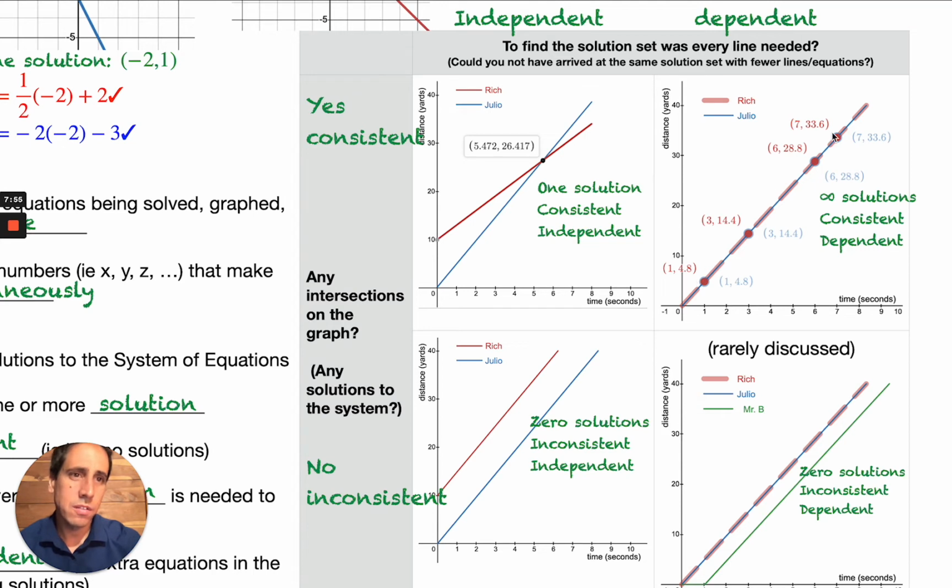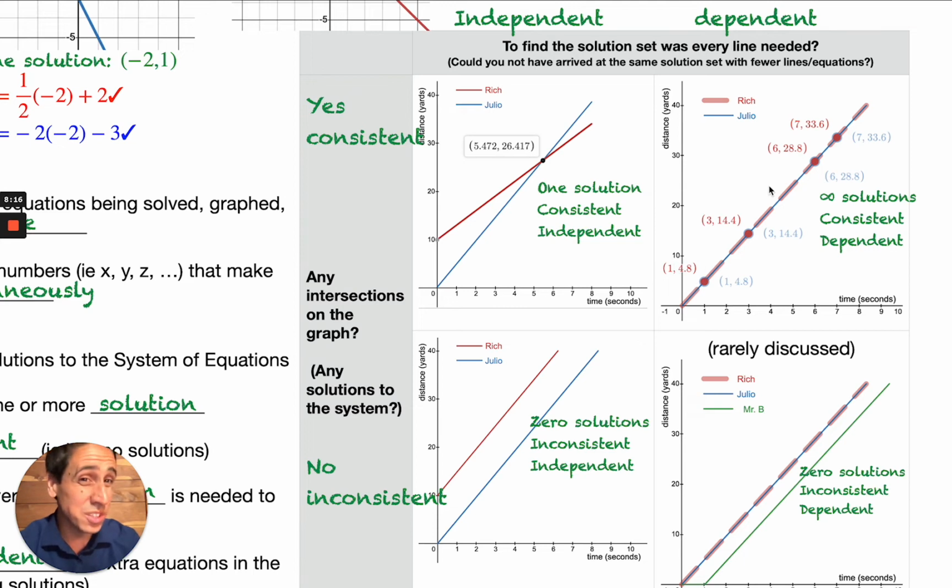But here, no, we didn't need both of these lines to establish the solution set. An alternate way to say this is, could you not have arrived at the same solution set with fewer lines or equations? Well, no, we need both of these to establish the solution set. Here it is. Here's the solution. Boom, there's one solution. And to get the solution set, we needed both of them.